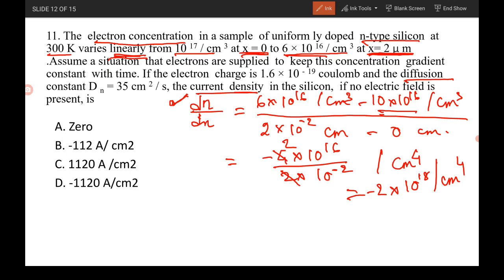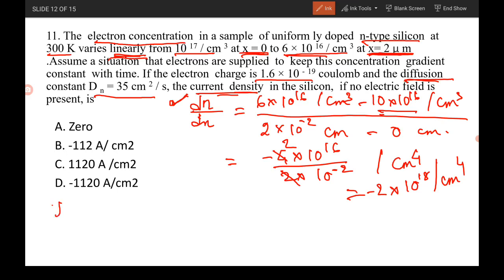The electron's charge is 1.6 into 10 to the power minus 19 coulomb and the diffusion constant Dn is given as 35 centimeter square per second. What is the current density in the silicon? We need to find the diffusion current density if no electric field is present. We all know that to find the diffusion current density, no electric field is given, only then can we find the diffusion current.